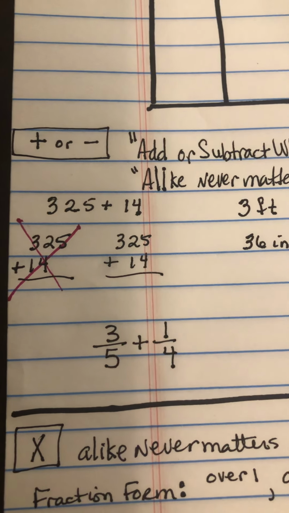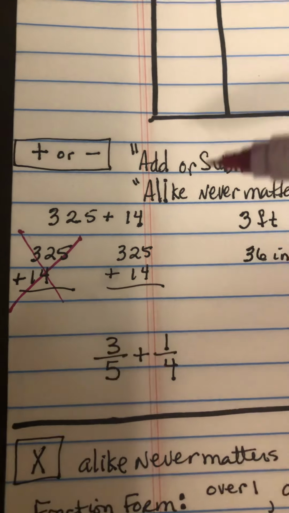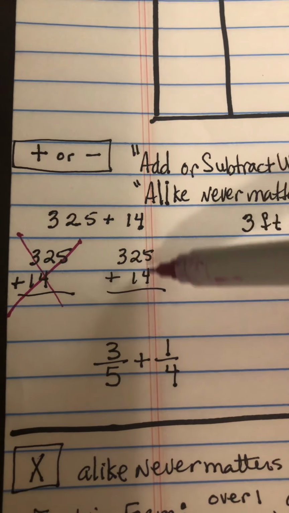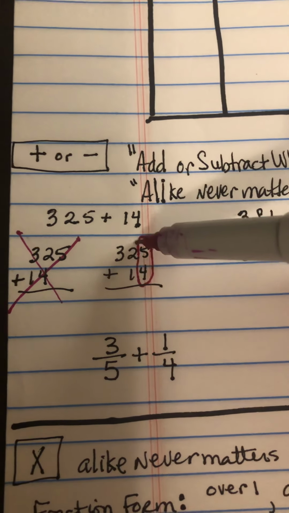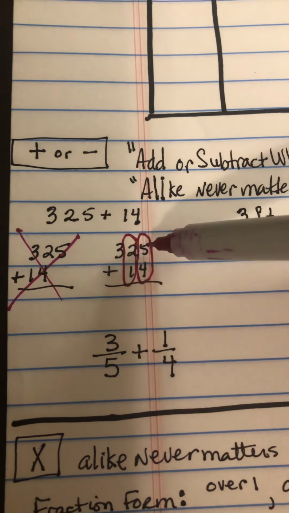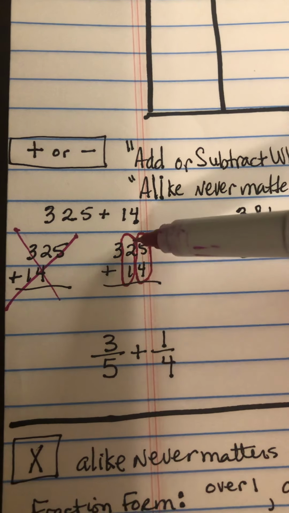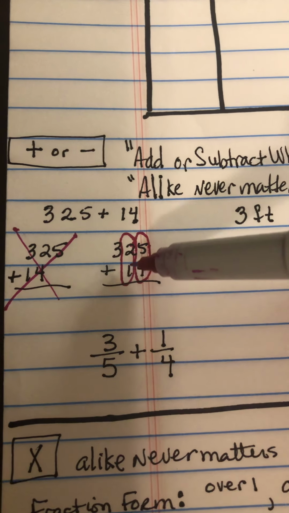They were the ones place of each of those numbers. So we learned that this would be the proper way to stack them up to add, because we would have alike place values lined up for each of these. So the ones places would be with the ones places, and the tens places with the tens places, and so forth.